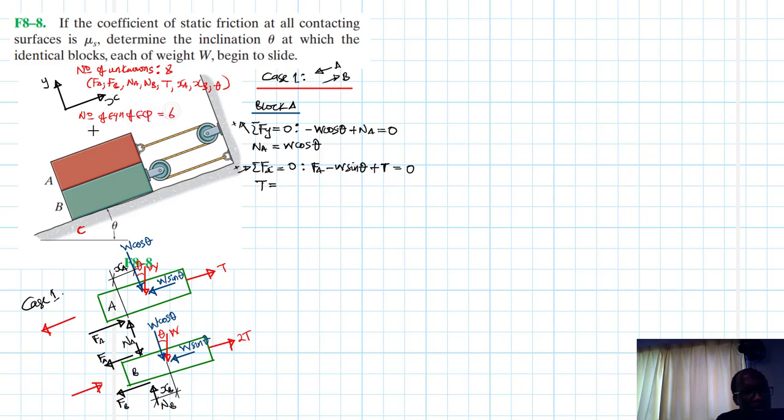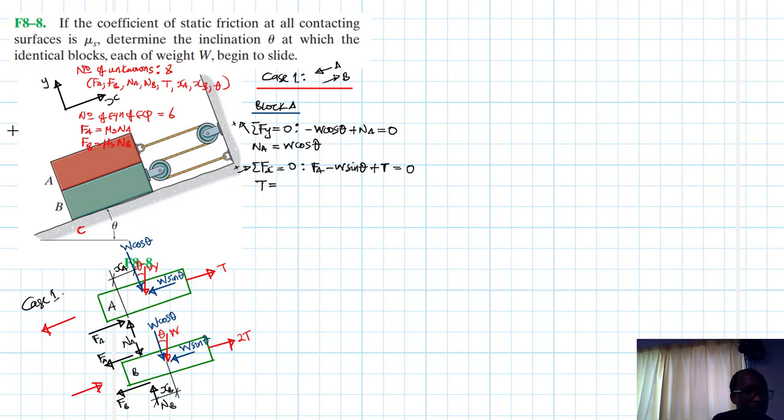There are going to be 6. So we need FA also to be equal to mu S NA, and FB also is just going to be equal to mu S NB. So we need these equations 1, 2, 3, 4, 5, 6, 7, 8. All right. I do want to find theta. So that is the number of unknowns. So that's the reason why we've employed these two friction equations.